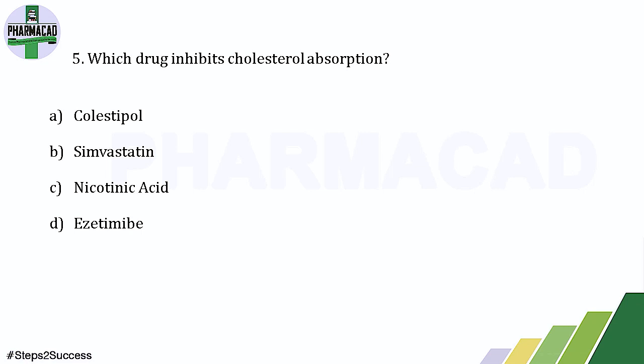Then we have, which drug inhibits cholesterol absorption. The correct option here, as mentioned, is ezetimibe. Ezetimibe is the only drug involved in sterol absorption inhibition. What will cholestyramine do? It is a bile acid binding resin. Then we have simvastatin, which will cause HMG CoA reductase inhibition.